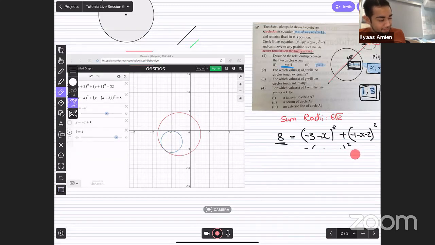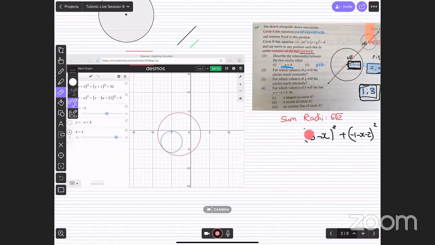Okay, carry on, Nafisa. And then if they want to know if the circles touch internally, then the distance between the centers must be less than the sum of the radii. And if they want to know where it doesn't touch at all, then the distance must be greater than the sum of the radii.